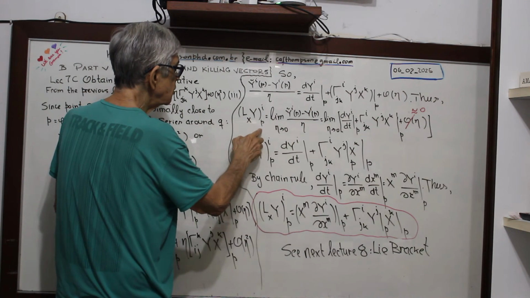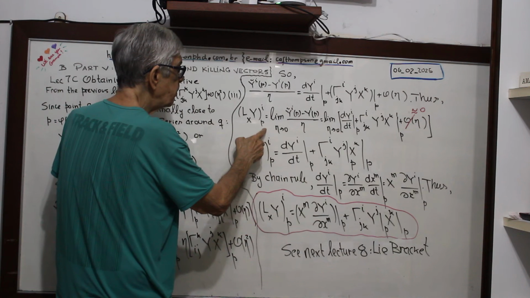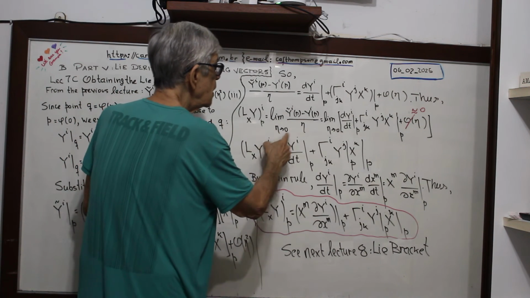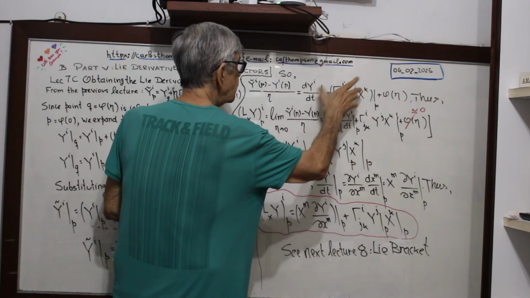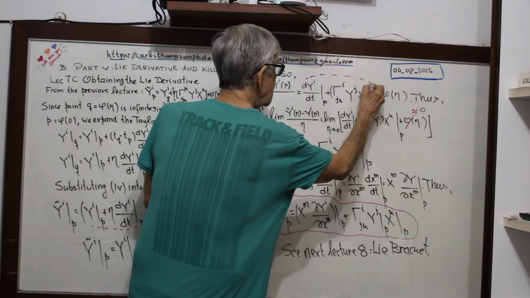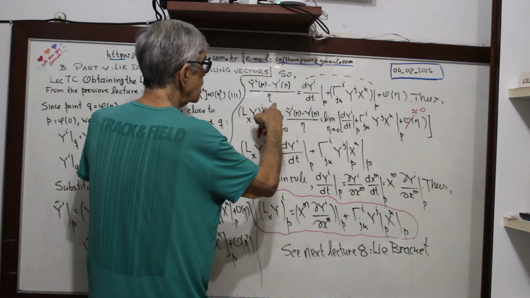Then the Lie derivative at p is the limit as eta goes to 0. Here there is no eta on this term because I divided by eta.